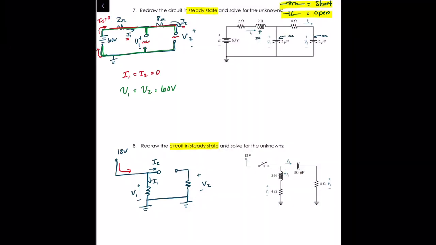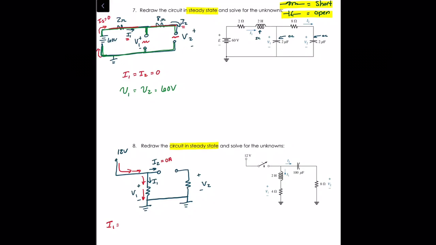So if we do have current coming from the source, all of it's going to go to ground and then back to the source. There's not going to be any current through I2. So I2 is going to be 0, really because there's an open circuit over there, and we know that there can be no current through an open circuit. So I2 is 0, but I1 is not 0. How do we calculate I1? Again, I1 is going to be the voltage drop.